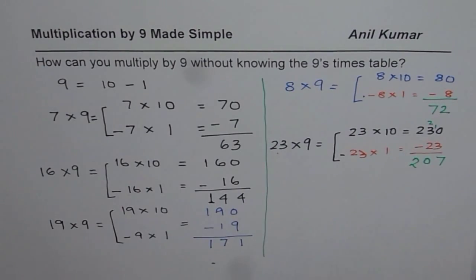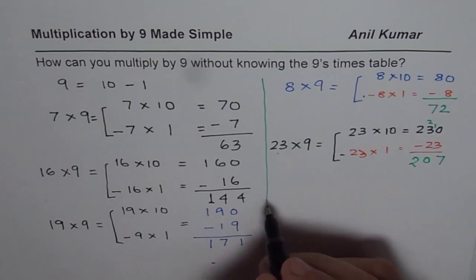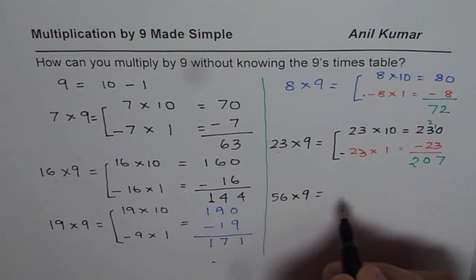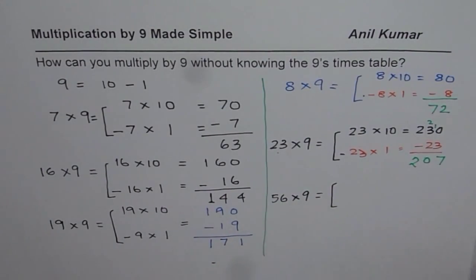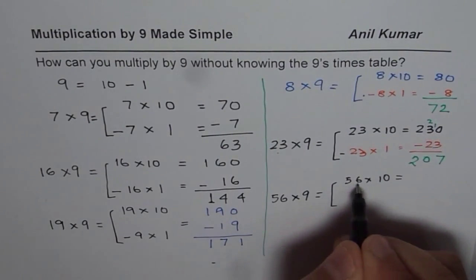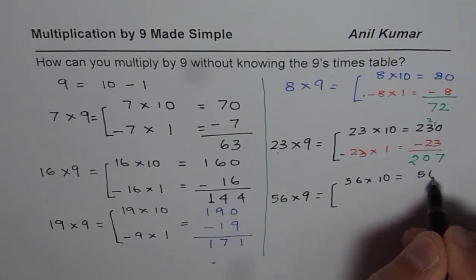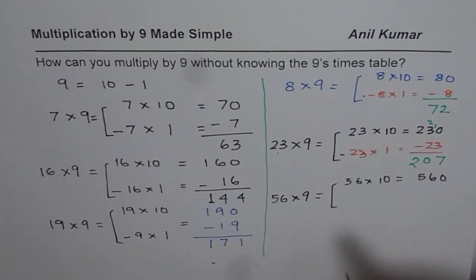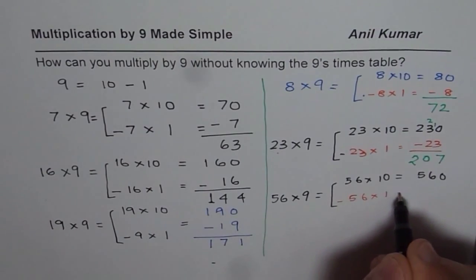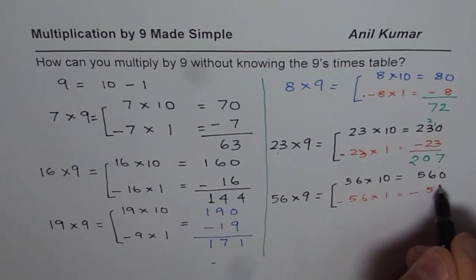Now, you can do the same method for another question. Let us say we have 56 times 9 equals what? Again, do the same thing. 56 times 10, which is 560. Take away the number itself, 56 times 1. So minus 56.